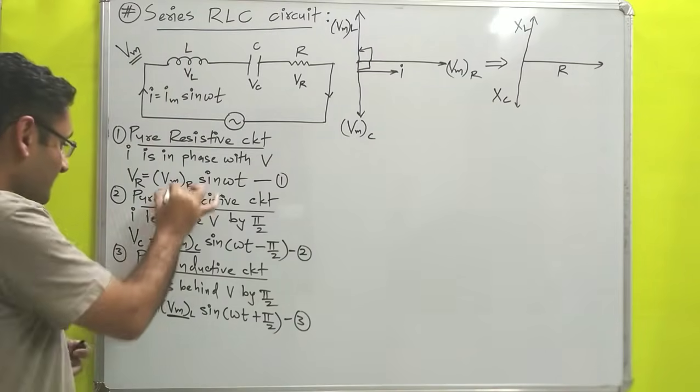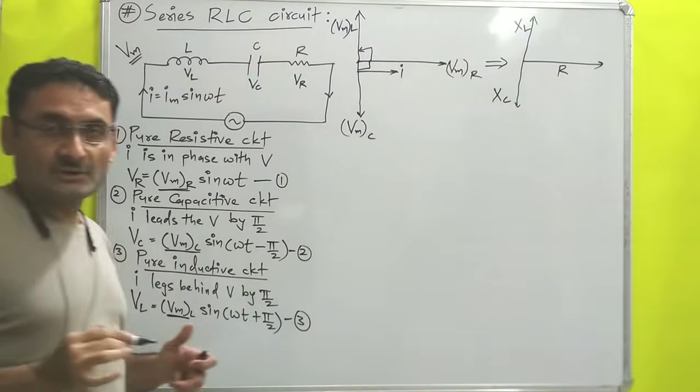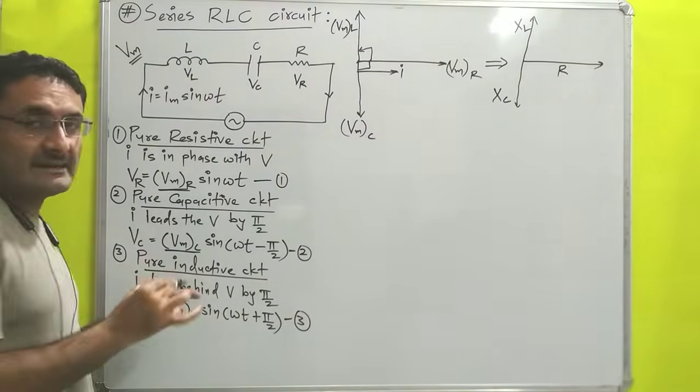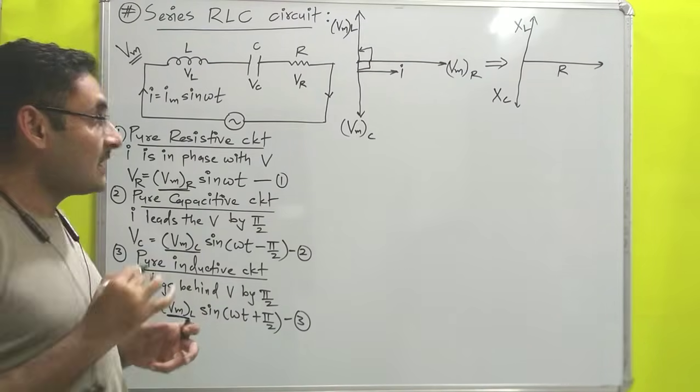Why? Because these values represent vectors. So they cannot be added algebraically. They have to be added vectorially. Okay. Achha.